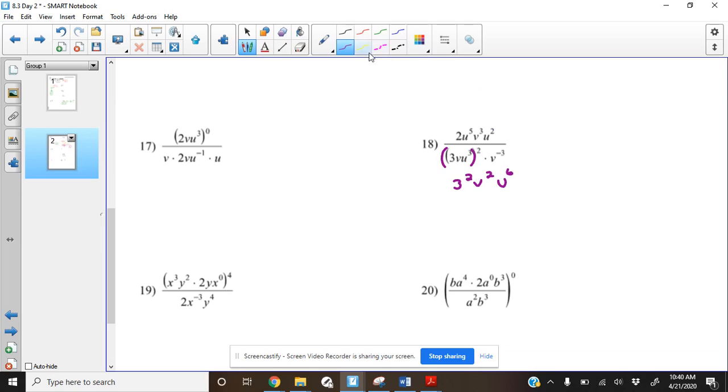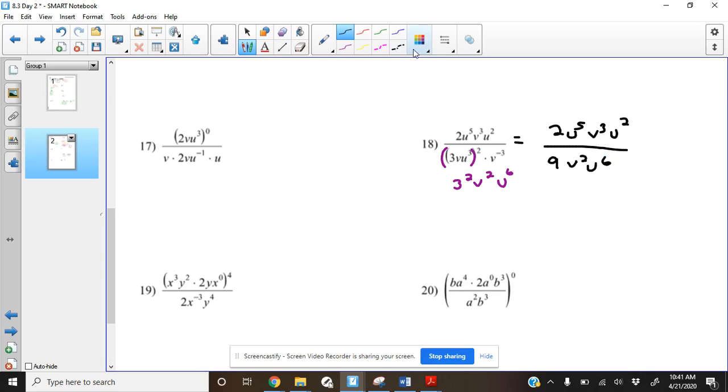And then I'm just going to rewrite this fraction. So I have 2 u to the 5, v to the 3rd, u to the 2nd over these purples. 3 squared, though, is 9, so I might as well just write that. V squared, u to the 6th.